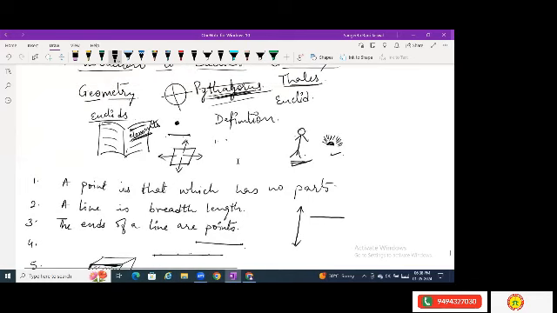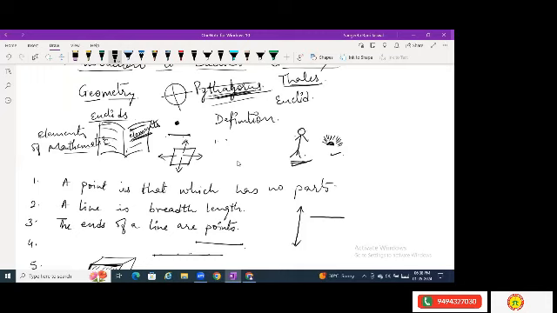The name of the book was Elements of Mathematics. And all those elements were just a general rule. He just assembled everything and wrote it in a book with well-defined definitions.